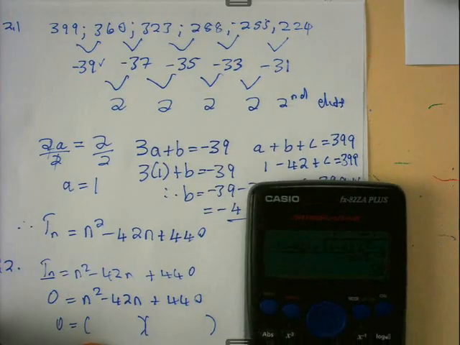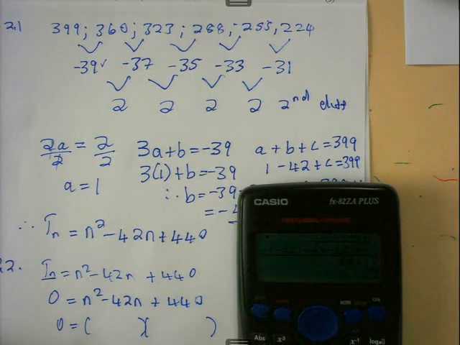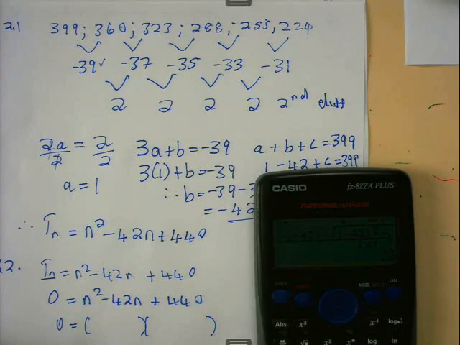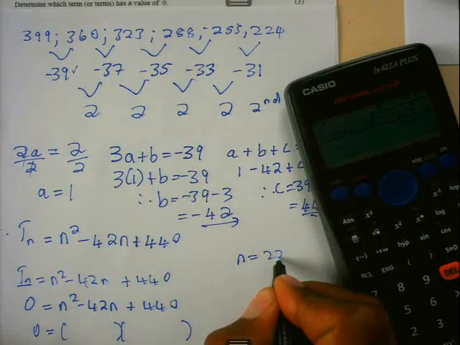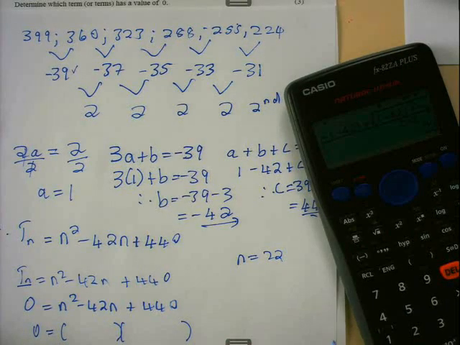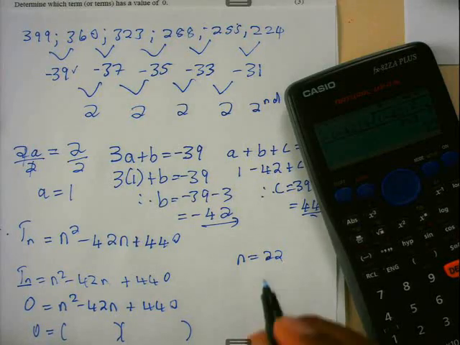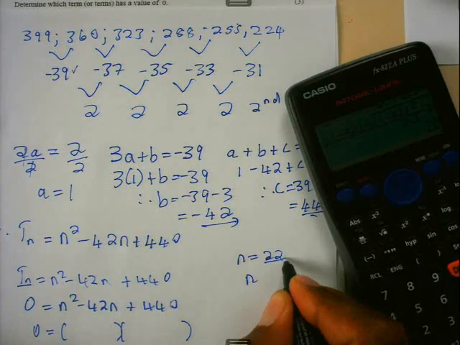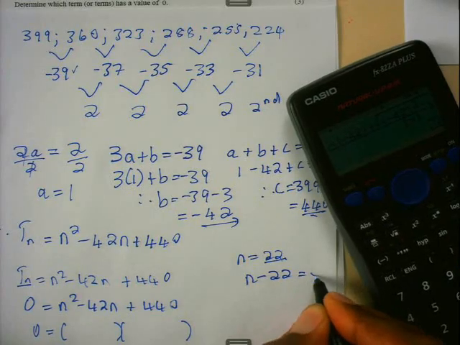Then I can see the first one there is n is equal to 22. If n is equal to 22, then let me make the right-hand side 0. Then n is positive 22, and on the other side n minus 22 is equal to 0.